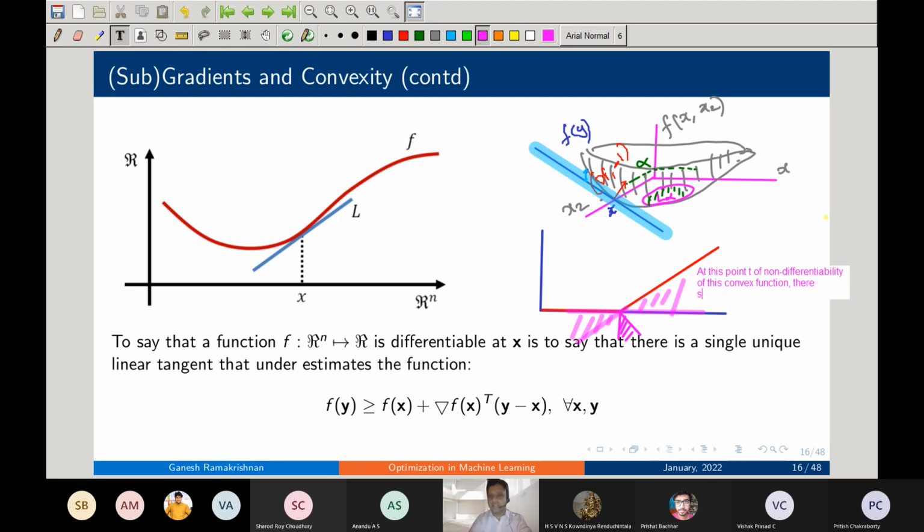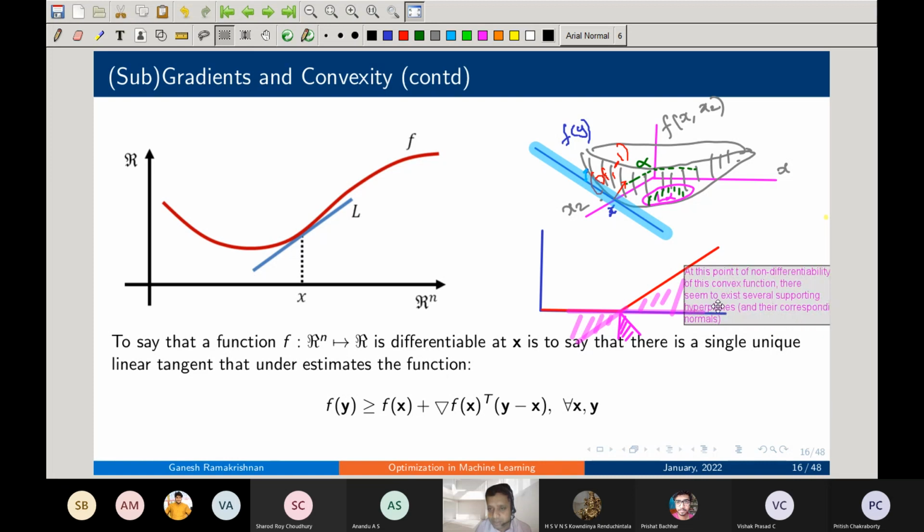There seem to exist several supporting hyperplanes and their corresponding normals. Each supporting hyperplane can be defined in terms of a normal. This point I've given a name.